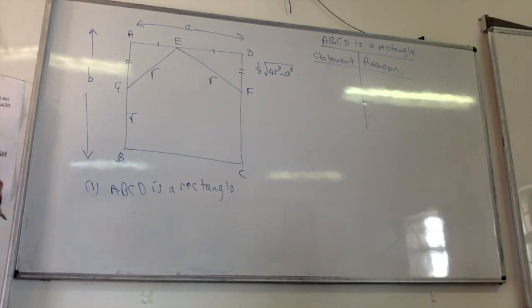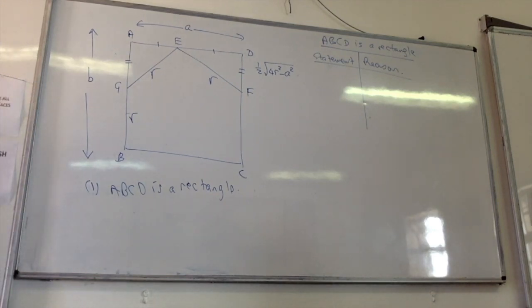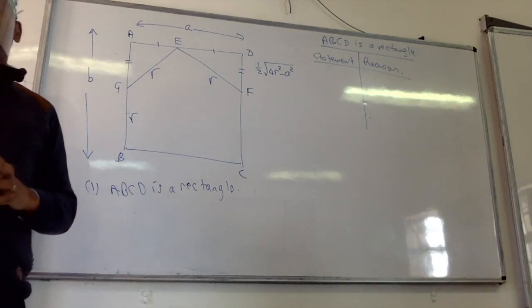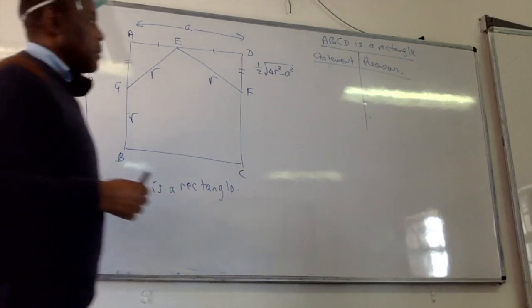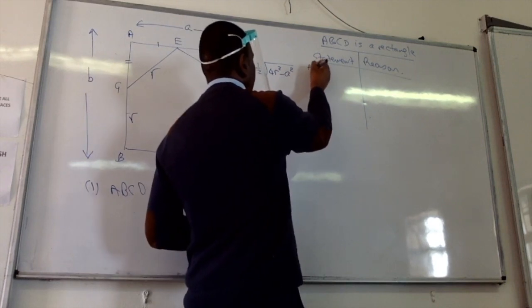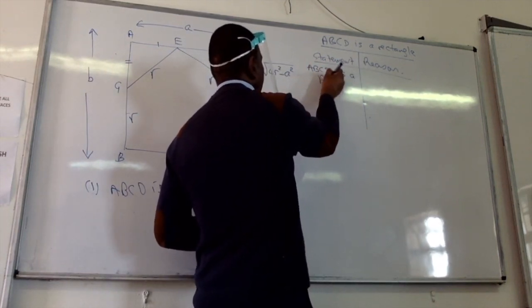Now we need to prove that ABCD is a rectangle. What is the first thing we prove for a rectangle? In order to prove that it is a rectangle, we need first of all to prove that it is a parallelogram, right? But we know that. So we can say ABCD is a parallelogram.